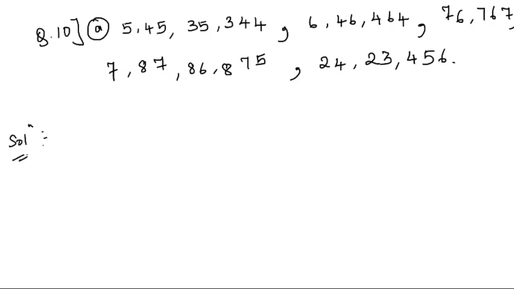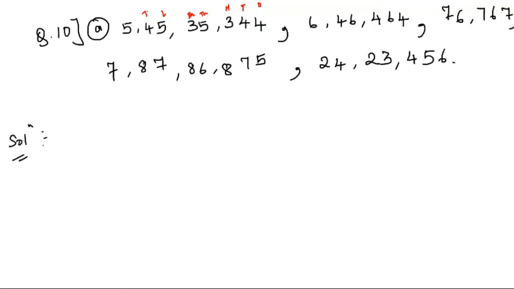So first, again we have to write ones, tens, hundreds. So let me change the color again. Ones, tens, hundred, thousand, 10,000, lakh, 10 lakh, crore.